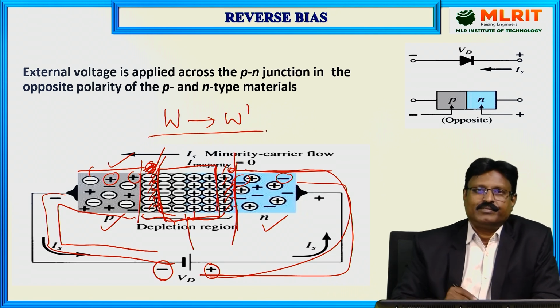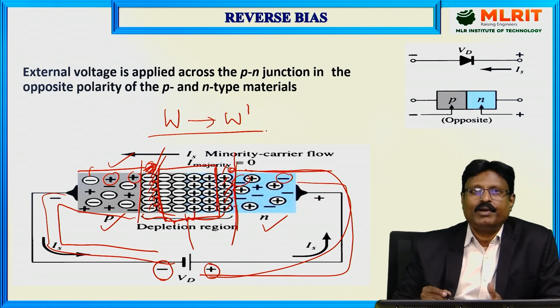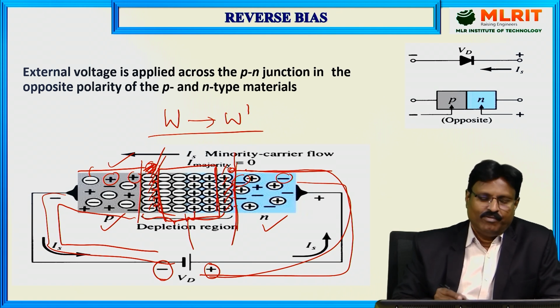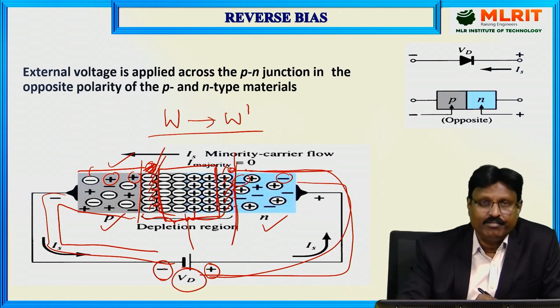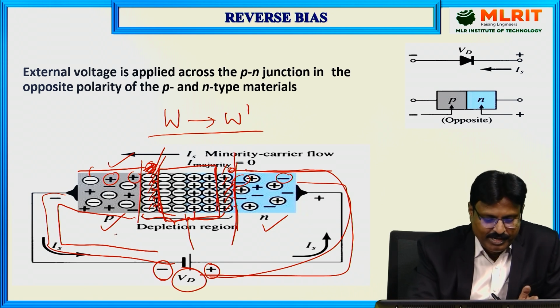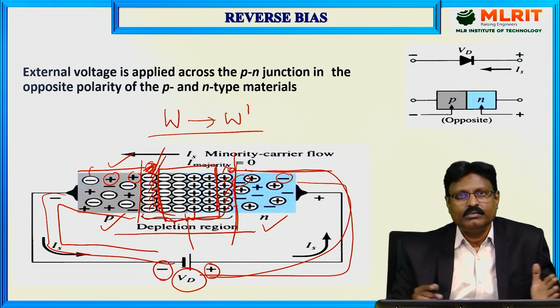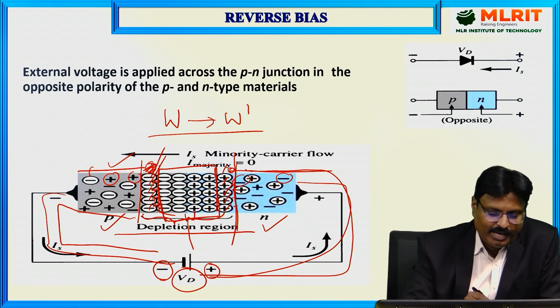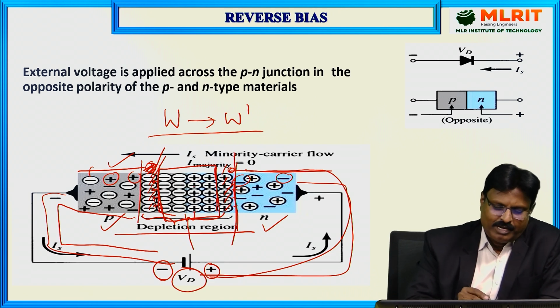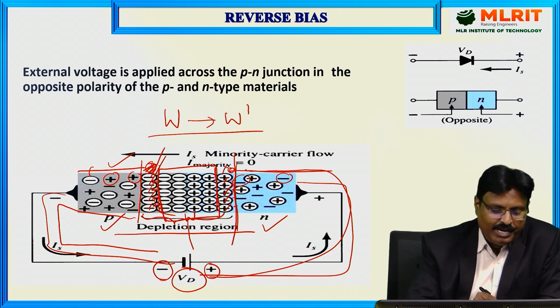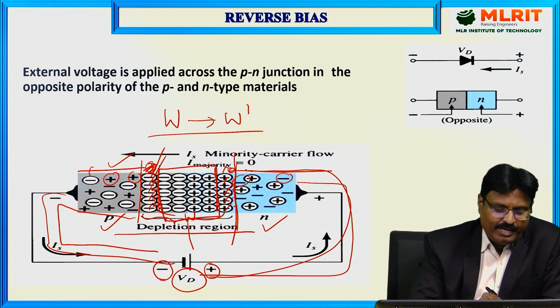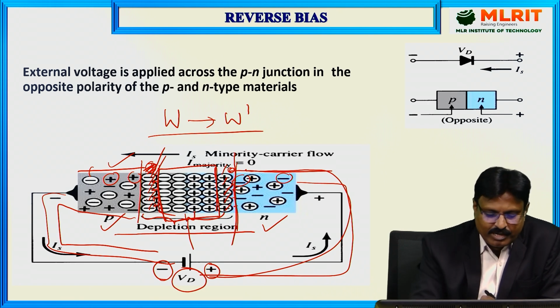It is increased. Why? Because we are applying the reverse bias. Whenever you go on increasing this applied reverse bias, the width of the depletion region goes on increasing. And what about the conductivity here? The majority carriers are coming out of the device, they are not crossing the junction.